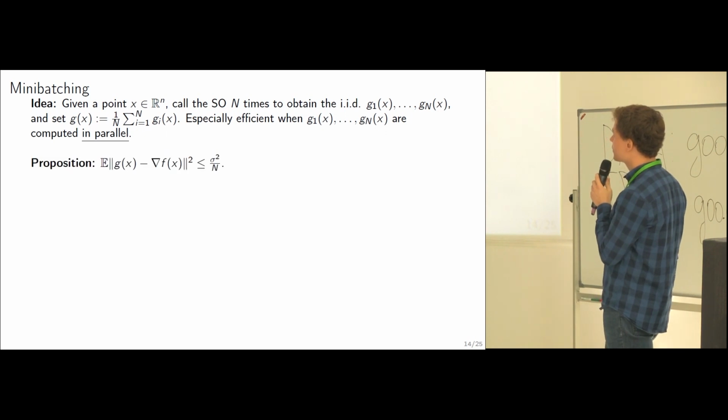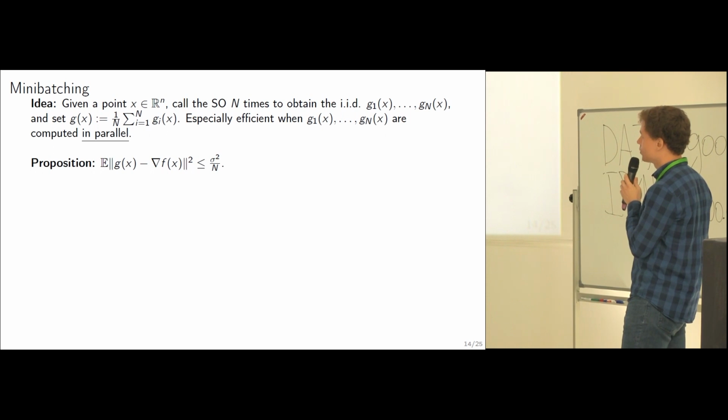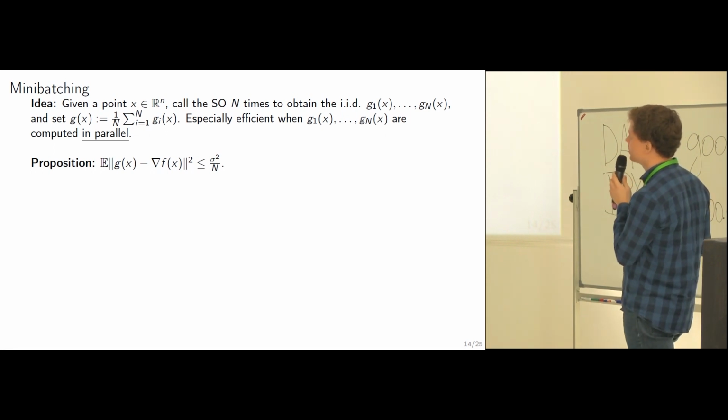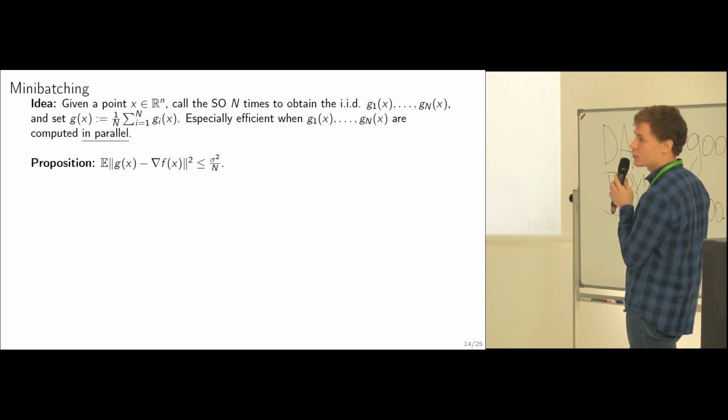And knowing the previous result, we know what quantity we should estimate. Again, this is a standard result in classical probability and statistics: the variance of this thing, if these g_i are independent, will be n times smaller.